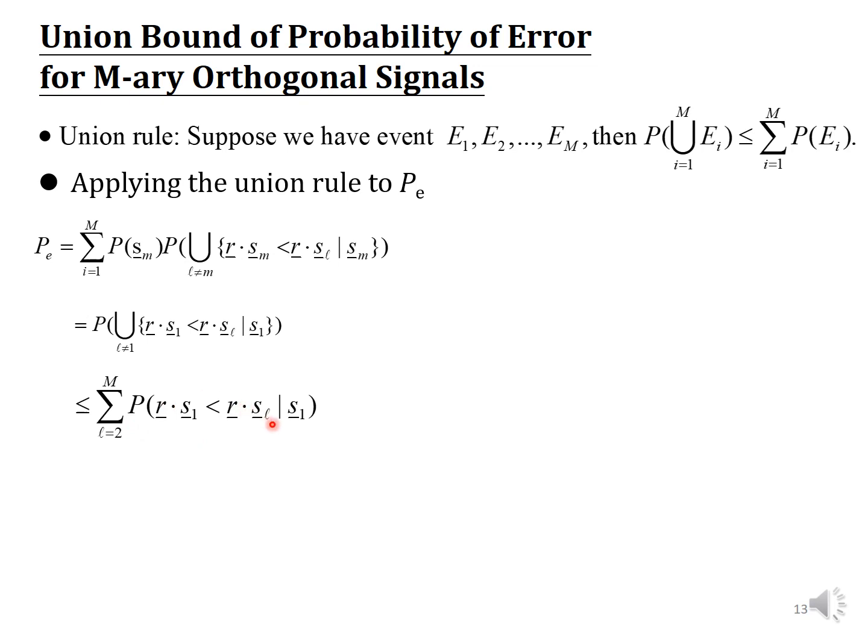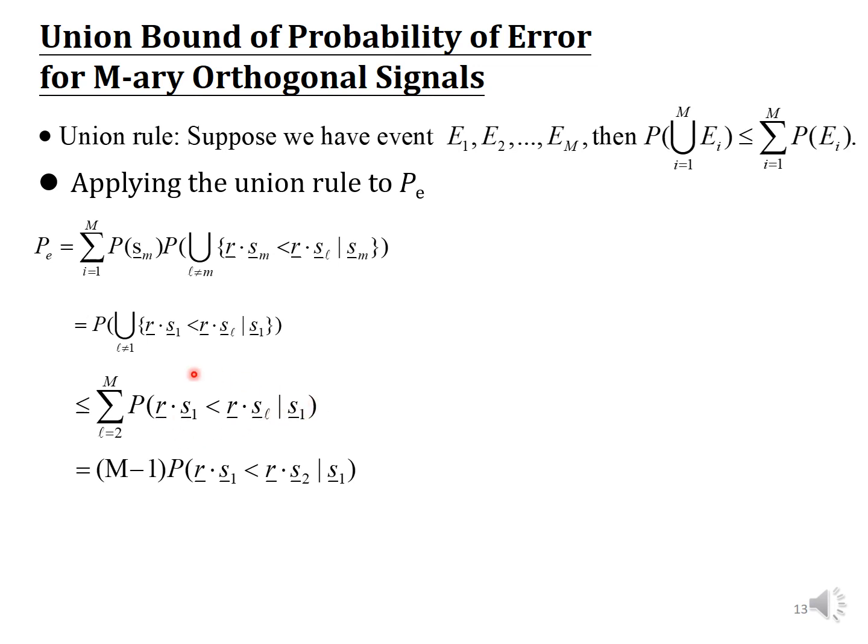There are error cases when l equals 2 to M. So there are M minus 1 error cases if S1 was sent. And the summation of the error cases would be greater than or equal to the union of the error cases, right? Okay, let's see.